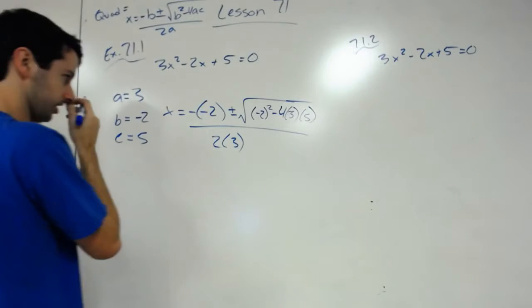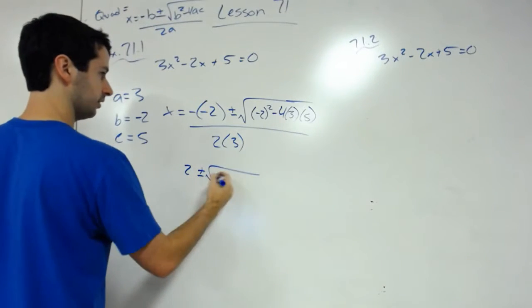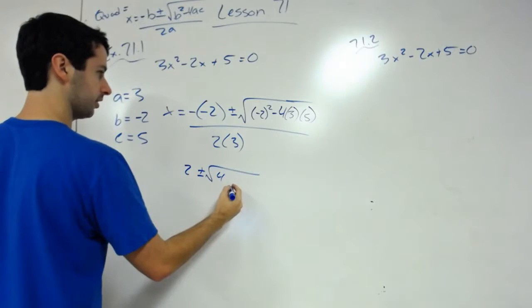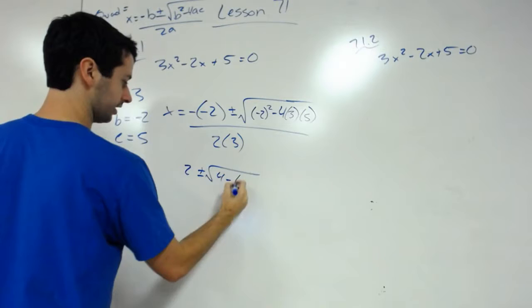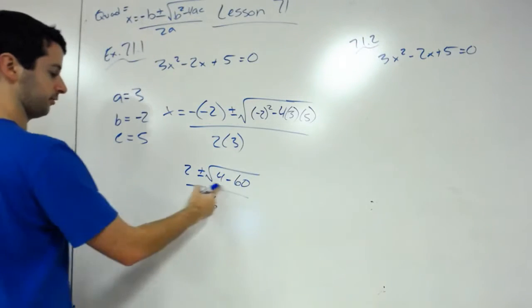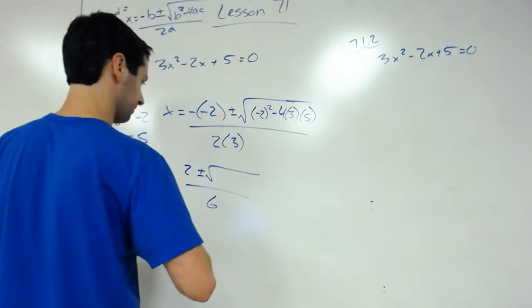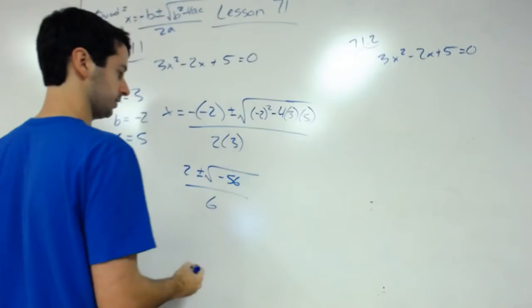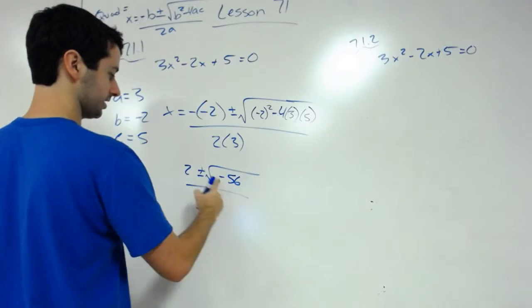I'll solve really quick. That'd be 2 plus or minus the square root of a positive 4 minus 60, all over 6. 4 minus 60 is negative 56, so the negative has to be taken out, and that's 56i.